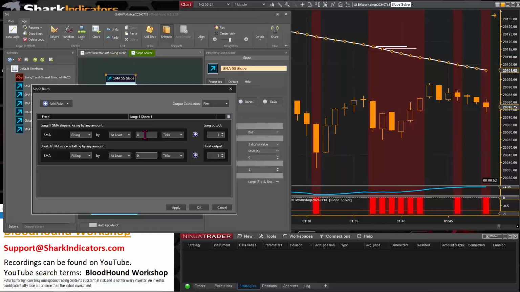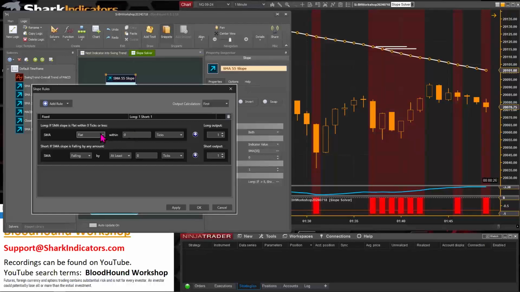Anything greater than 0 ticks is rising, anything less than 0 ticks is falling. 0 ticks would be perfectly flat, meaning your indicator has 0 amount of movement.